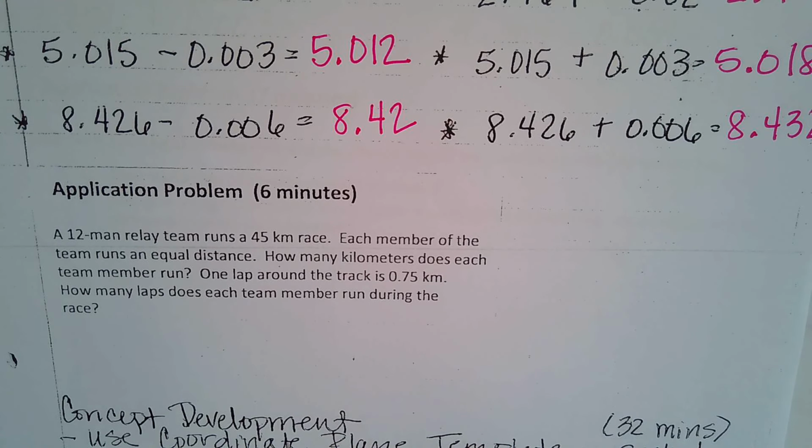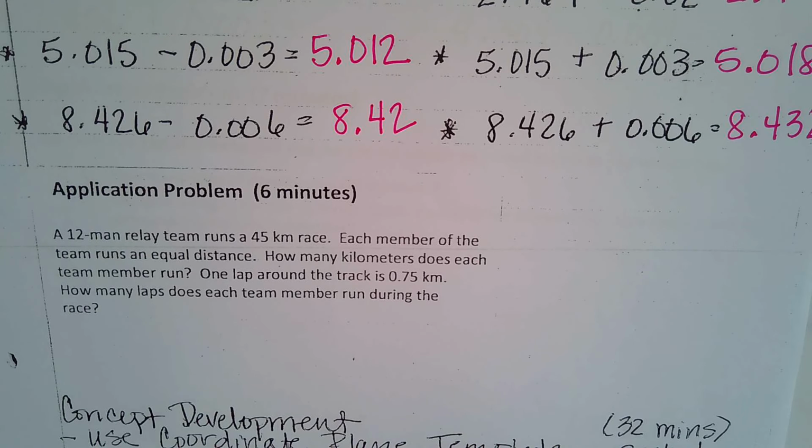A 12-man relay team, so a team made up of 12 people, runs a 45-kilometer race. Each member of the team runs an equal distance. So we have to divide up 45 among 12.